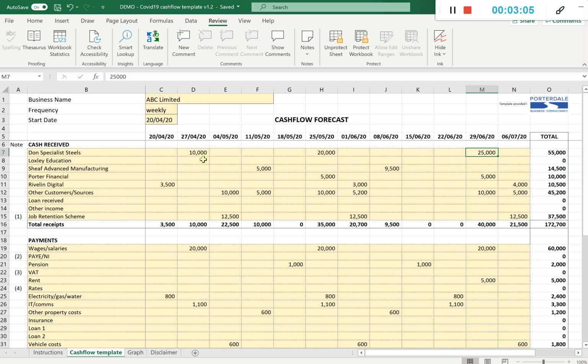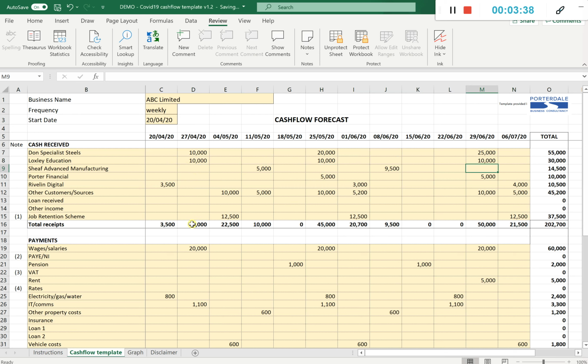So we've done that. Locksley Education, they actually owe us £30,000, and they normally pay before the payments are due, before the month end. So I'm going to put in £10,000 there because they owe us for the last 3 months. £10,000 there. £10,000 there.